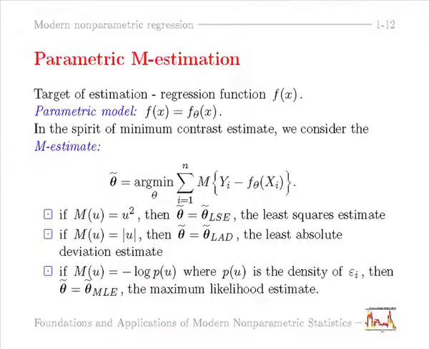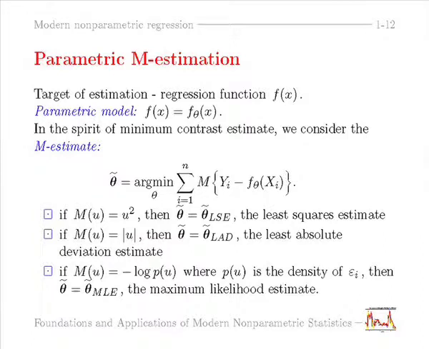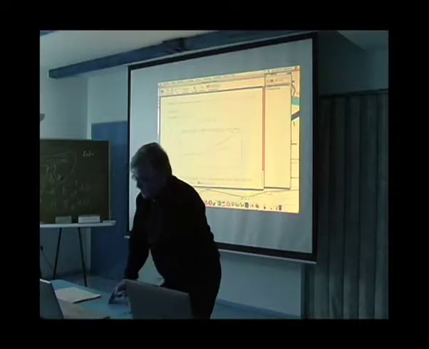If the epsilon were normal, then you would receive the least squares estimate, and with the exponential you would have the least absolute estimate, and you receive back the likelihood estimate if you know or assume the likelihood, the PDF of epsilon. Then you can write down the contrast as minus log p.